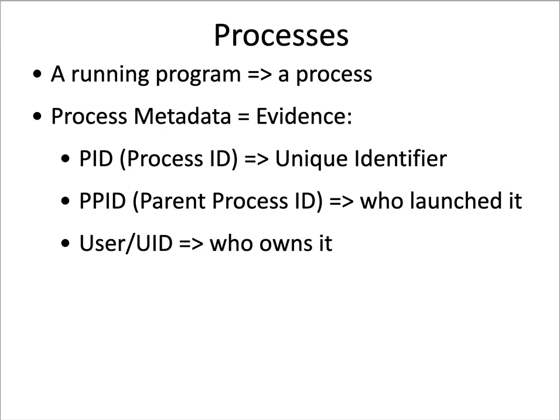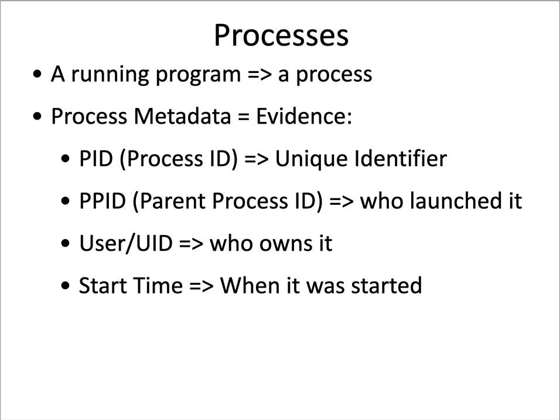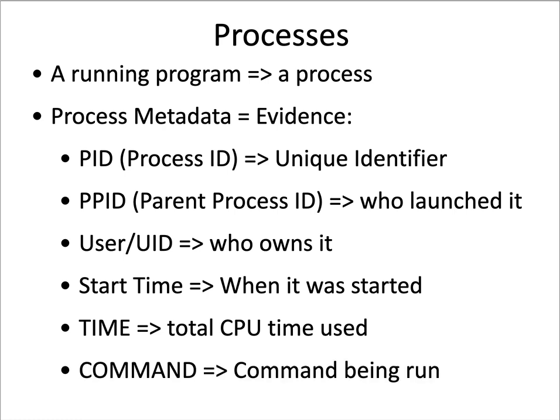We have a user or a UID, a user being the name like Wayne, UID being the unique number that identifies the user, and that is who owns the process. Unix also tracks when the process started and the total amount of CPU time that is being used, and then, of course, the command that is being run.